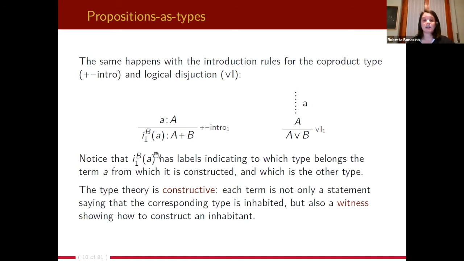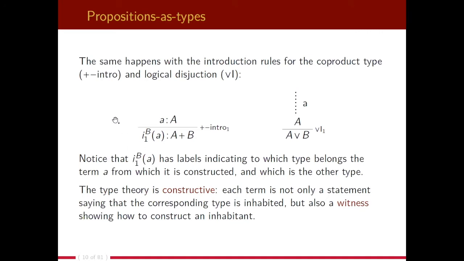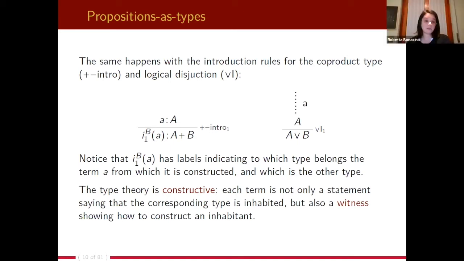Here we have to notice that this introduction has those labels which indicate to which type belongs the term a, from which it is constructed, and we also indicate which is the other type. This is important because our theory is constructive.